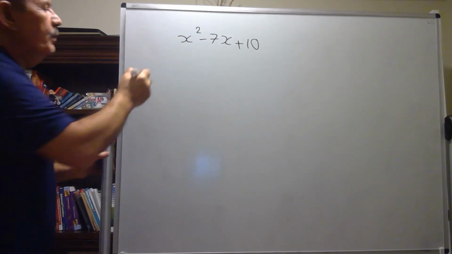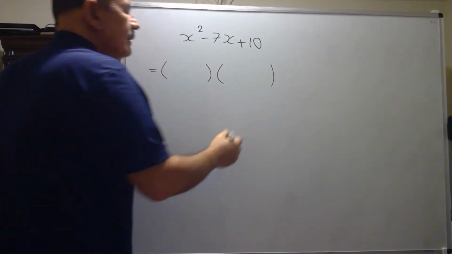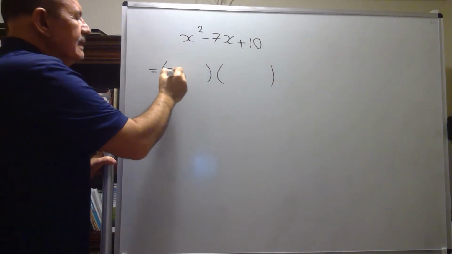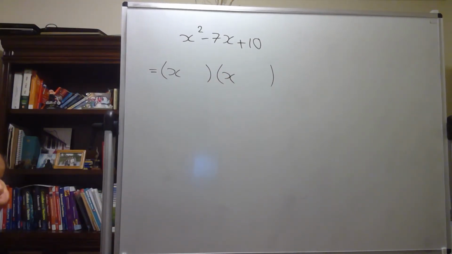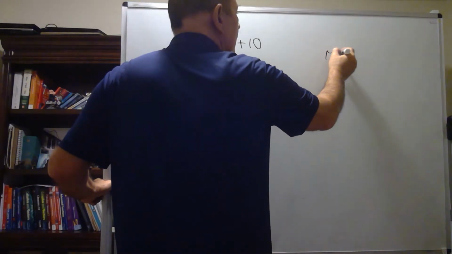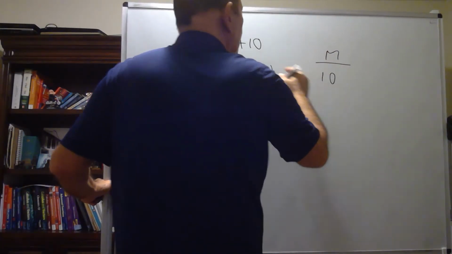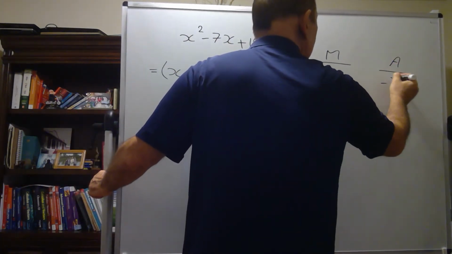For factoring, open two brackets. The first term of each bracket is x. For the second terms, we should find two numbers. When we multiply them, the result should be positive 10, and when we add them, the result should be negative 7.